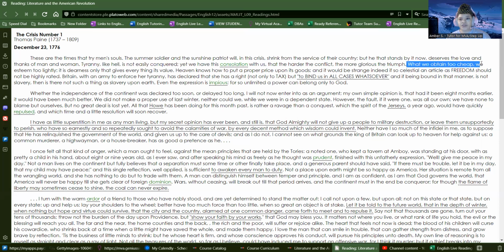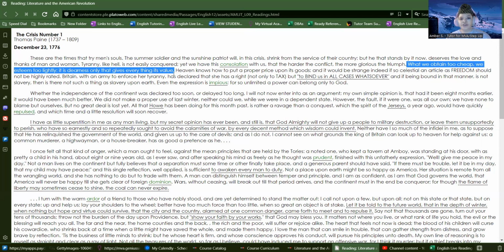What we obtain too cheap, we esteem too lightly. It is dearness only that gives everything its value. So what he's saying here is that if you get something easily and you don't have to fight for it, you basically don't value it as much as you should.